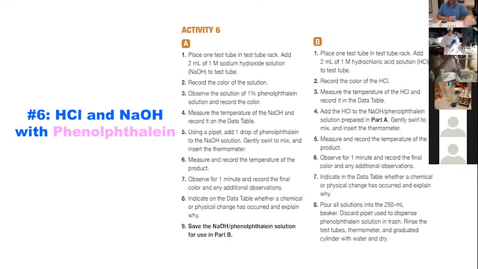So what does the bright pink color tell us? Notice the phenolphthalein is clear. It doesn't have any color. And the sodium hydroxide didn't have any color. But we mix them together and we get this color. So what does that tell us?